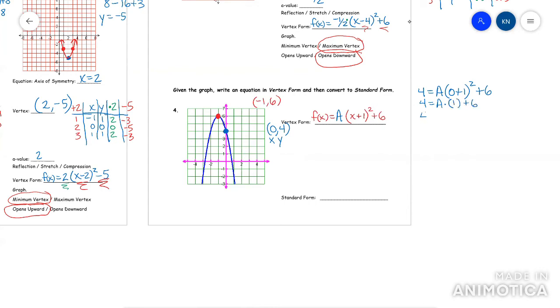A times 1, just rewrite that as 1a. Now just minus 6. And you get your a value is negative 2. So I can just go back to my equation here. And where it said a, I'm going to change that to a negative 2.